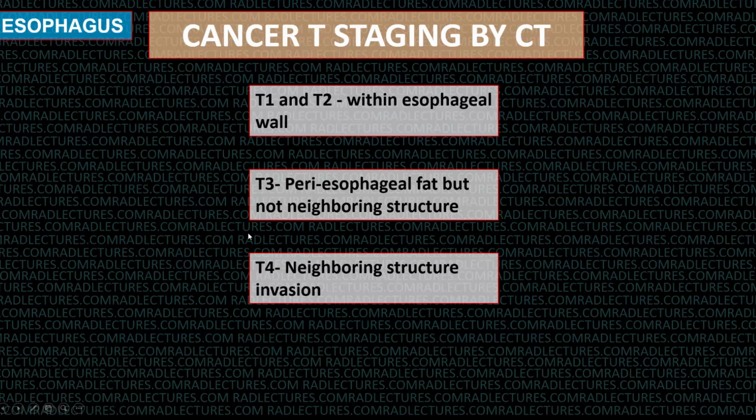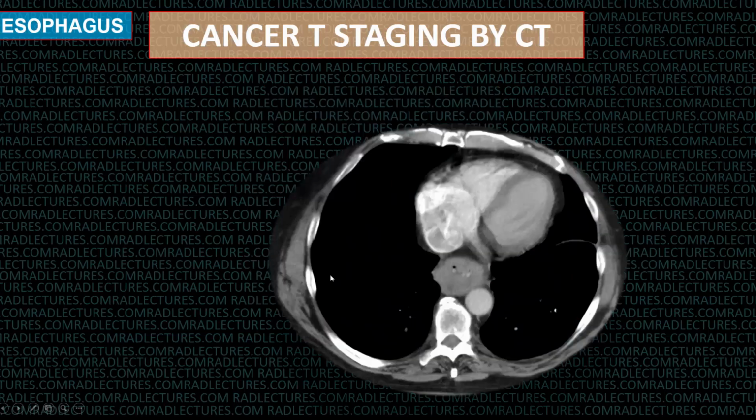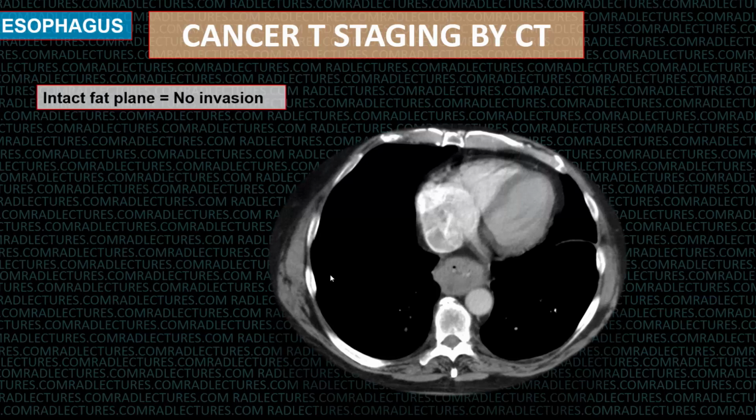This is typical of the T classification of most of the tumors. T3 is tumor around the organ in the fat, but no other neighboring structures. T4 is neighboring structure involvement. Now, in the esophagus, how do we know whether there is a neighboring structure involvement or not?